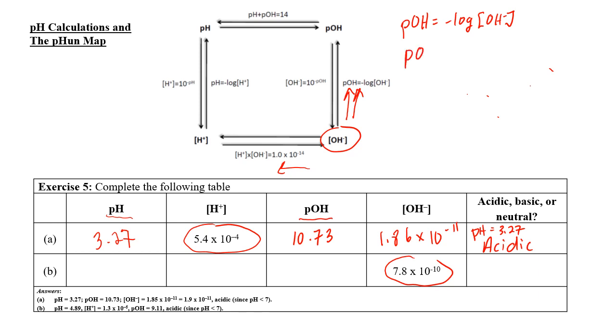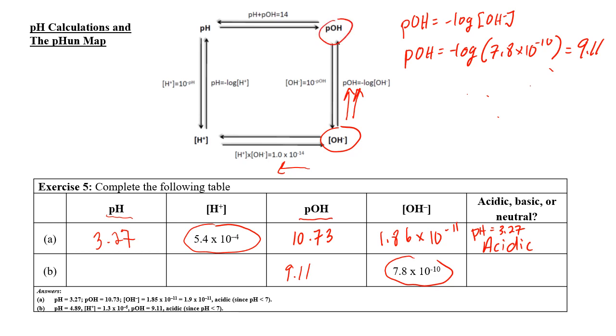So your pOH is the negative log of 7.8 times 10 to the negative 10. When you plug that into your calculator, you get 9.11. Okay, so we've got the pOH.